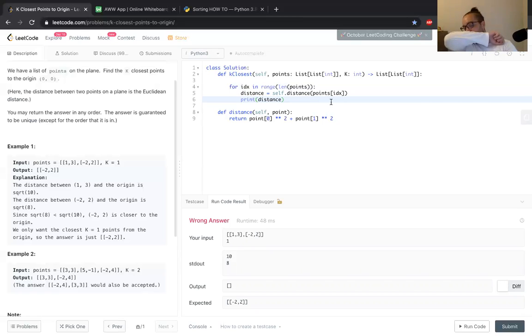Well, what we can do is add those distances to our array. So we're going to say points at that index, like at index 0, we want to append a distance, right?